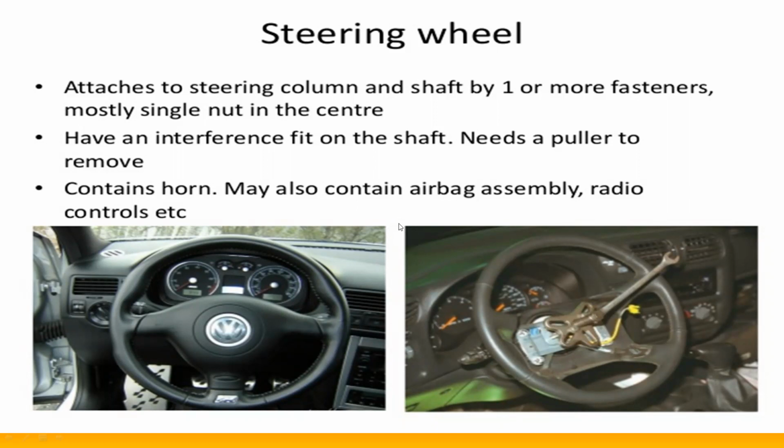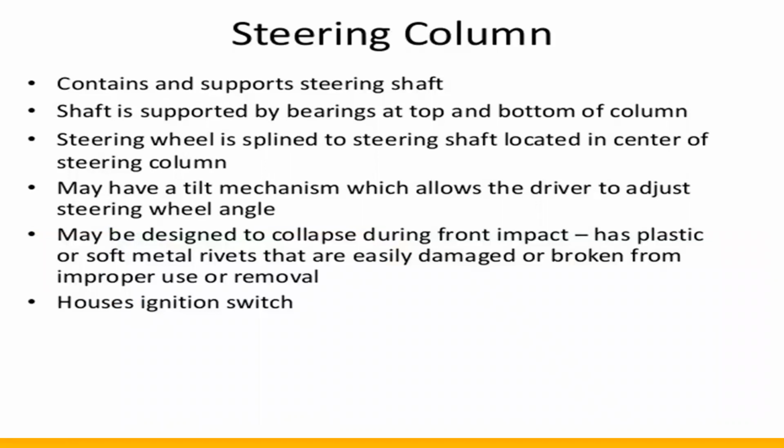The column may have a tilt mechanism which allows the driver to adjust the steering wheel angle. So to adjust the steering wheel angle, a tilt mechanism is designed to fix the steering wheel.